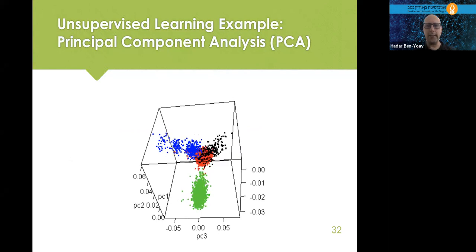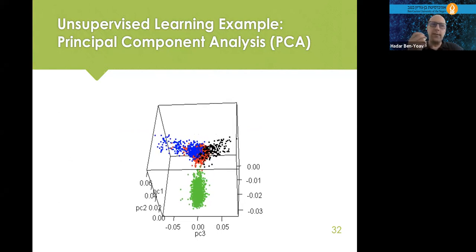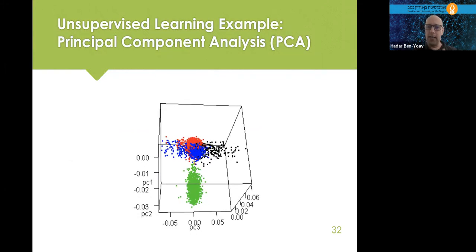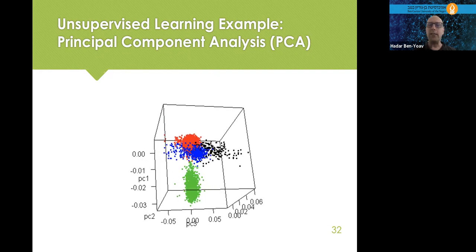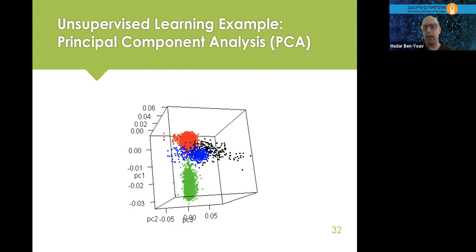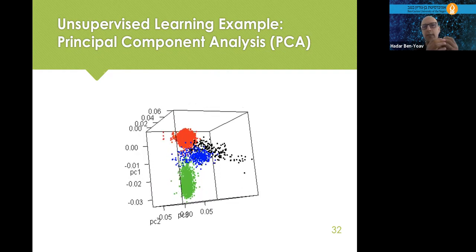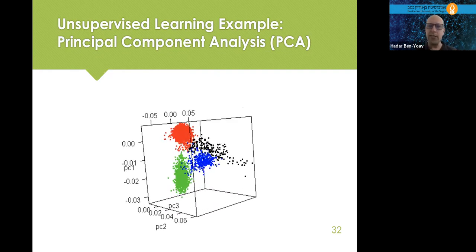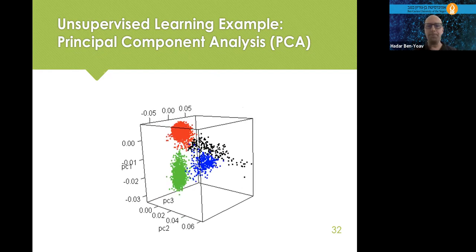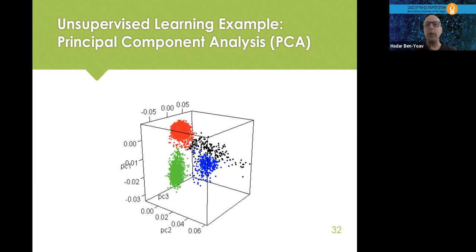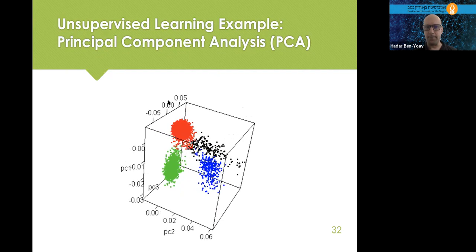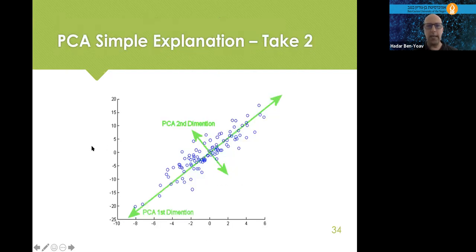PCA is based on the principle that the data that we have, the way that we present it in the real world, such as concentration or a specific signal that we measure as a function of different concentrations of the analyte, there is a better way to show the variability in the data. And the example is this kind of graph.